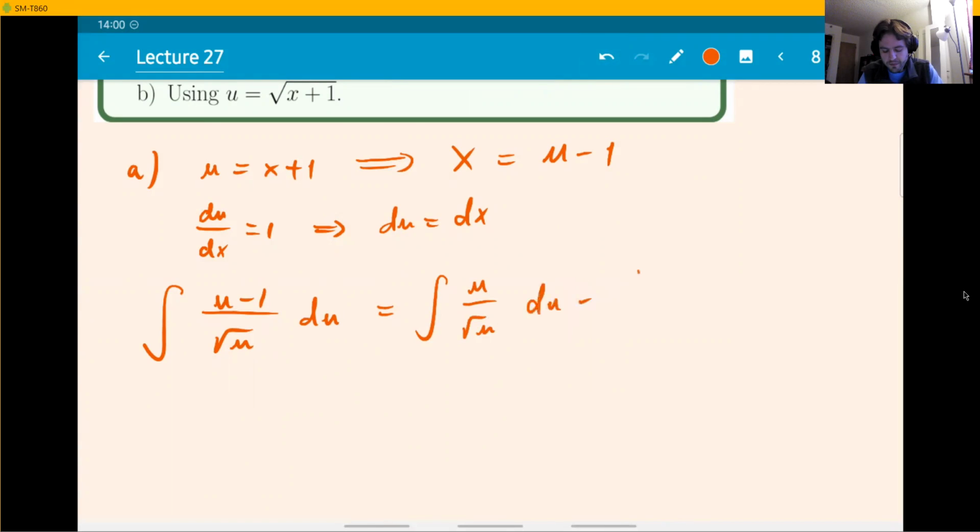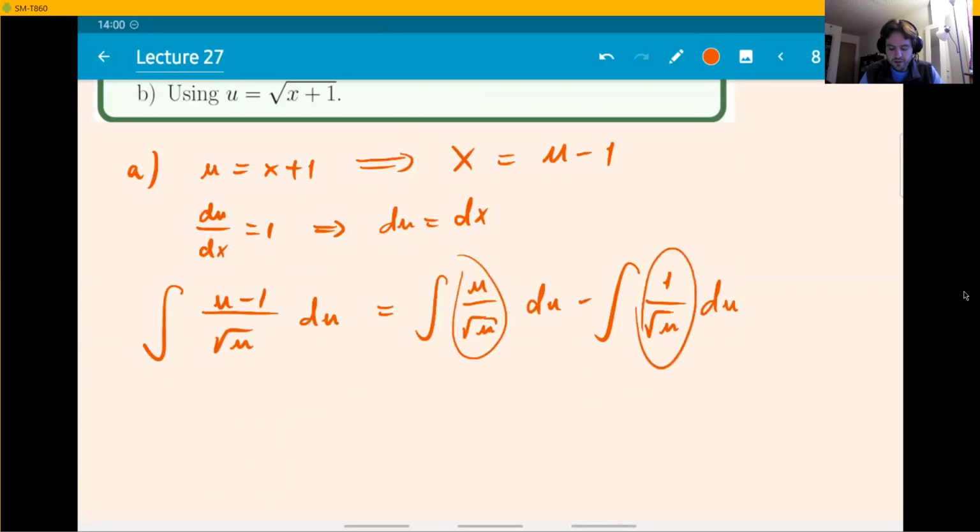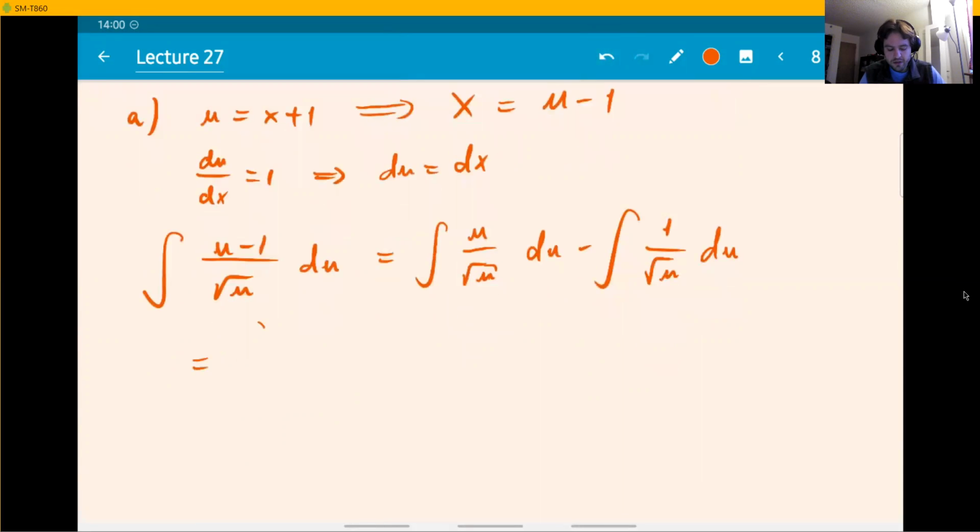Forgot my du. Right, I just split the fraction into the difference of two fractions and then also split the integral. These are the two fractions with a minus sign between. And each one of these is something that you can do by power rule because u over root u is the same thing as root u, which is u to the 1/2. Sorry, there's a minus here. This one is u to the minus 1/2.